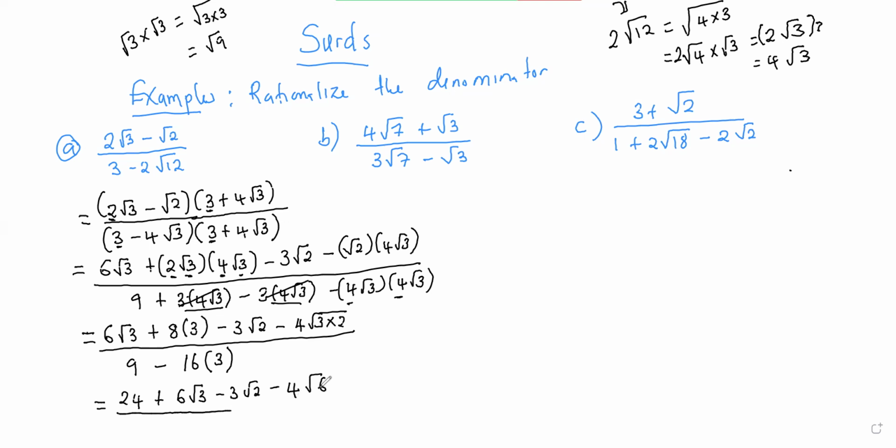And then we divide by 3 times 16, that's 48. 48 minus 9, that's minus 39. So we'll leave our answer like that, because the question was just asking us to rationalize. So I've rationalized.